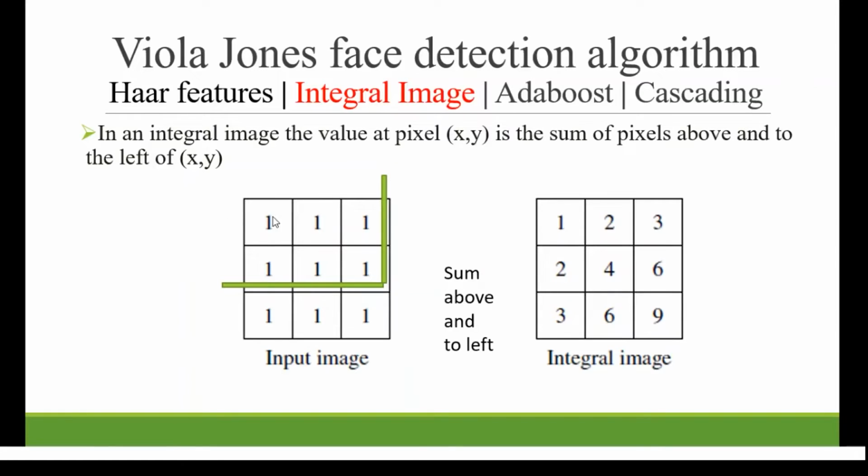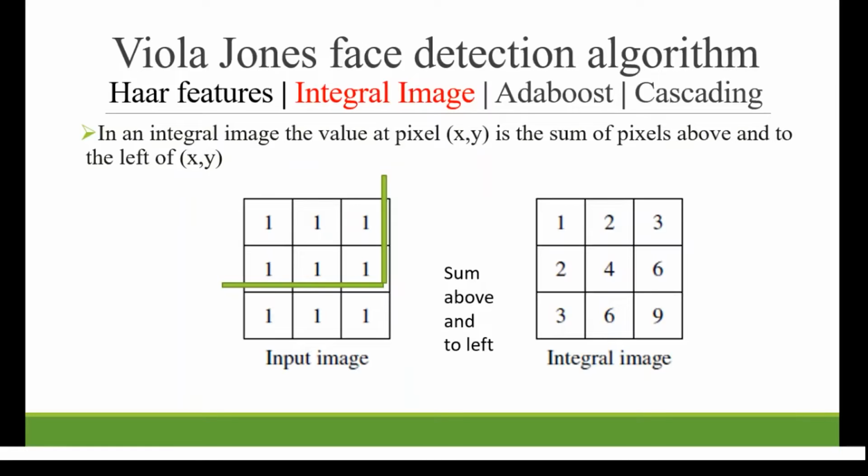For this there is 1 to the left but none above, so value would be 2. Similarly, for this we'll add these 3 and value would be 3. As you can see, for this these all are above and to the left, so the value would be 9. For this, the above ones are these and towards left are these all. So 1, 2, 3, 4, 5, 6. So this value is 6. So this is how we obtain an integral image.